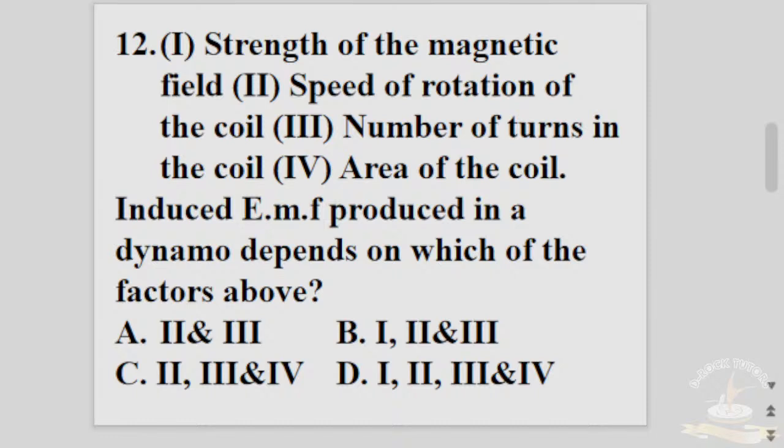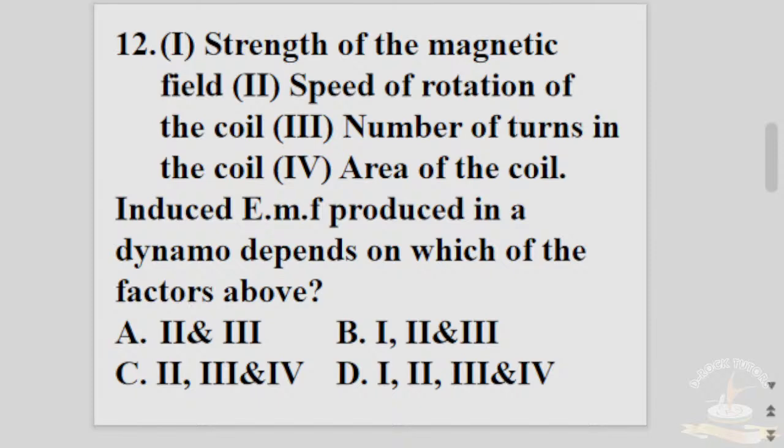Number 2, it depends on the area of the coil. The larger the area of the coil, the more magnetic line of force it can store, and the higher the induced EMF. Number 3, it also depends on the speed of rotation of the coil in between the 2 permanent magnets.